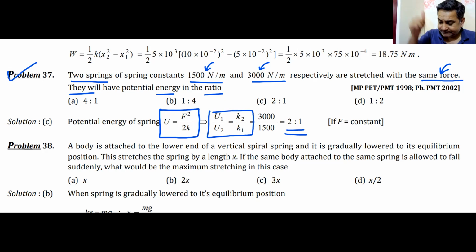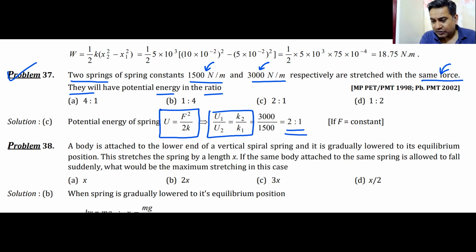You got this? Okay. Now, if you got this, what we are going to do is elaborate more on the spring and do something more on springs.